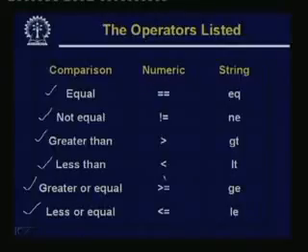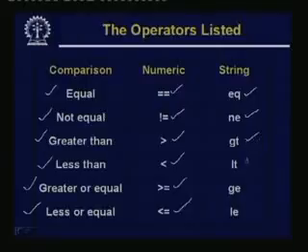For numbers, these are identical to what is available in C, but for strings you use the mnemonics eq, ne, gt, greater than, lt, less than, ge, greater equal, le, less equal. So, when you are using a comparison operator, the context should be clear to you. Depending on the context, you will be using either the ones for the numerics or the ones for the strings.